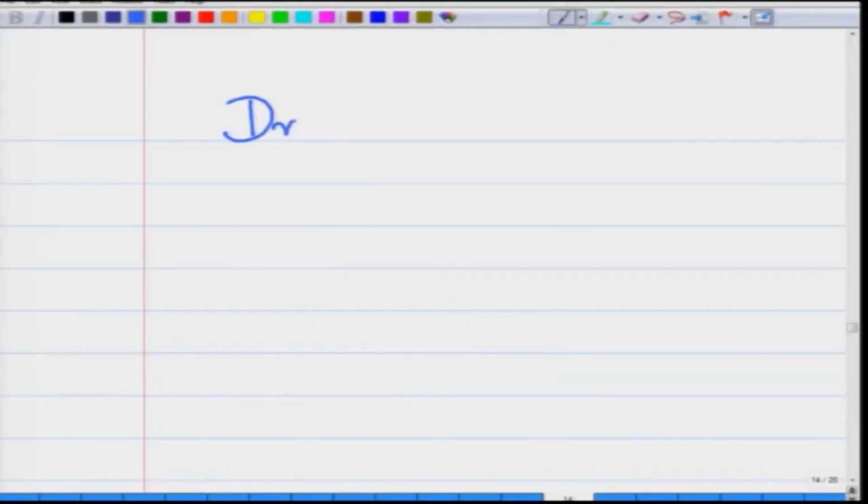So, we now start discussing Drude's model, and Drude suggested that the behavior of electrons inside the metal is very much similar to a gas of electrons inside the metal. It is just like a gas of electrons inside a box.